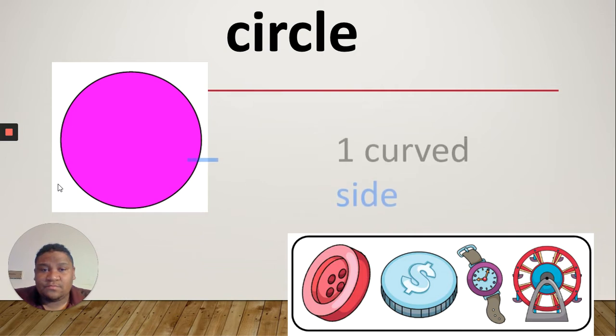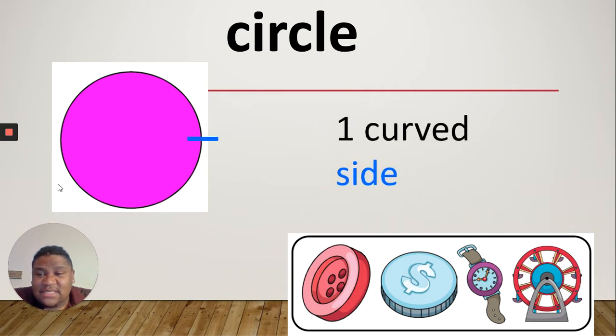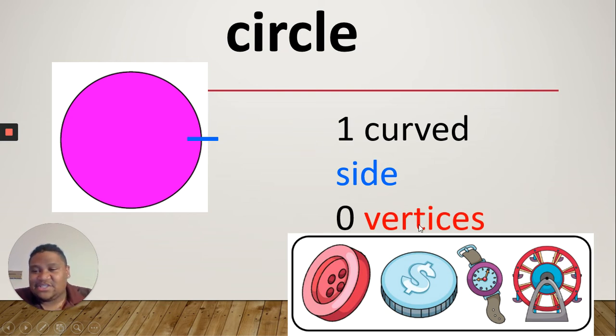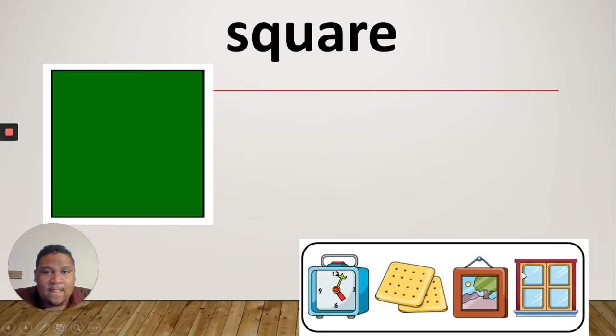A circle is kind of tricky. It only has 1 curved side, but it does not have any vertices because there is no way that 2 lines are going to meet at a point. So it just goes on and on. Here are some real life examples. This button, this coin, the face of this watch, and this Ferris wheel.